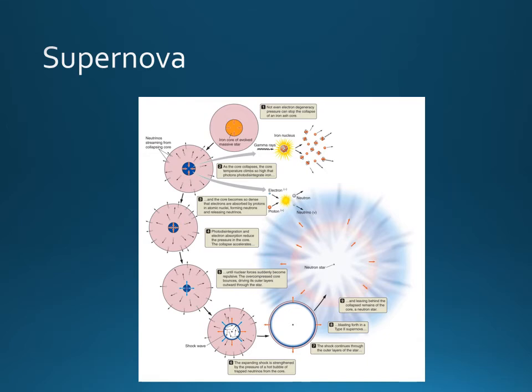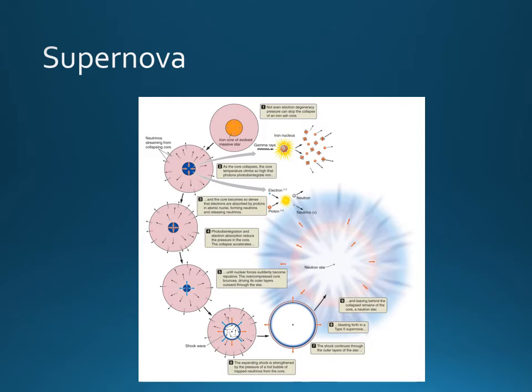The figure illustrates the basic stages of core collapse that result in a Type II supernova. Starting from the top and working downward, the electron degeneracy pressure cannot stop the collapse of an iron core in a high-mass star. As the core collapses, the temperatures are so high that the photons disintegrate iron through a process called photodisintegration.